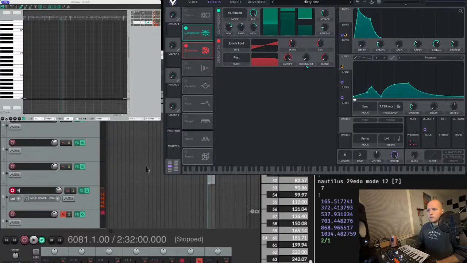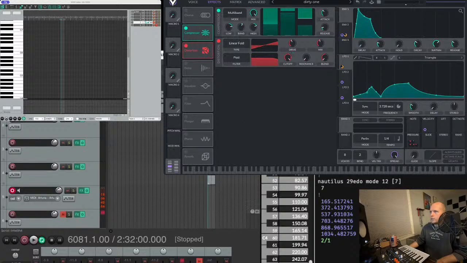Make sure there's nobody chatting. Okay, so anyway, the goal for tonight, if I can say that there is one, is to try to come up with something now that we've narrowed down the scale and found a patch. Now that we have a sound and a scale, I'm just gonna try to come up with some sort of idea, maybe just a chord progression.